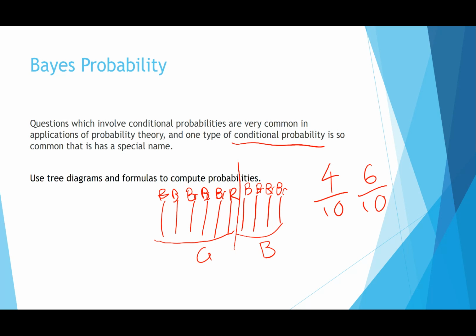I say, hey, if I've chosen a boy, what's the probability that he has blonde hair? Well, now I'm only focused on how many boys there are. There are 4 of them, and only 1 of those 4 has blonde hair. So the probability would be 1 over 4 of choosing a boy that has blonde hair, given the fact I know I've chosen a boy.